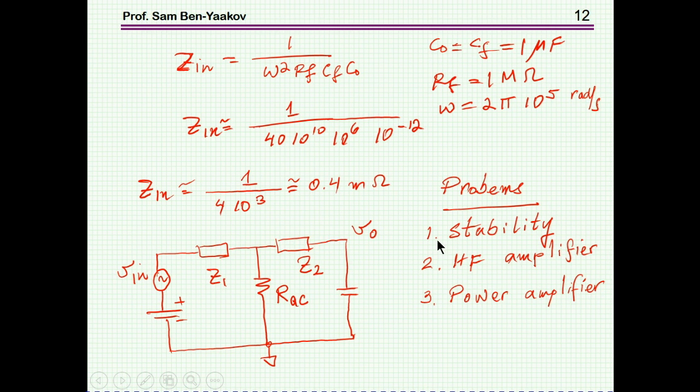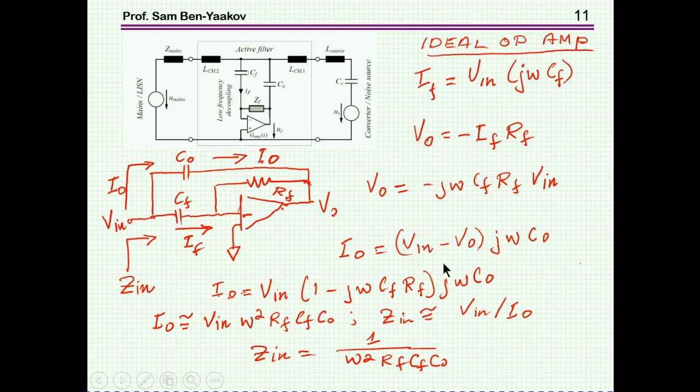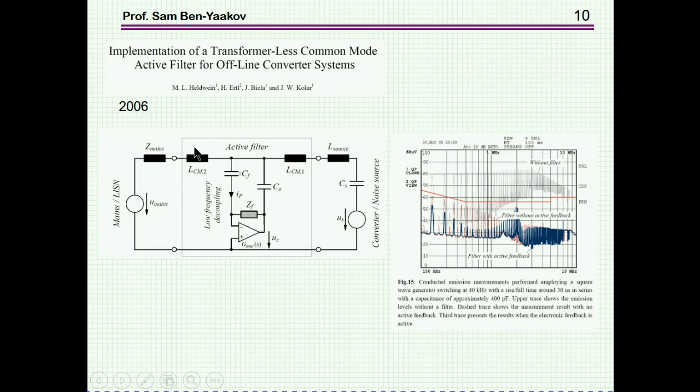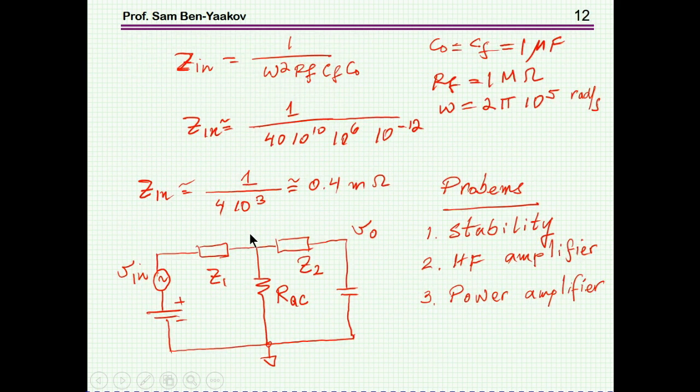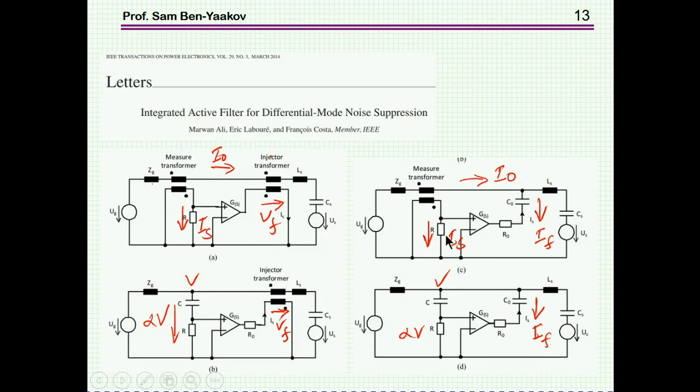So these are the problems, and you're welcome to look at this paper to see how the authors implemented this amplifier. Actually, they have built an amplifier for this purpose. Now, there are many other possibilities for implementation of an active filter.